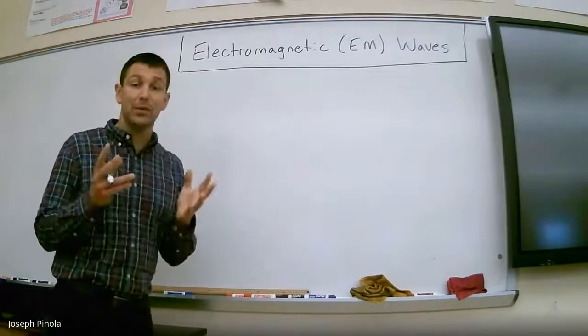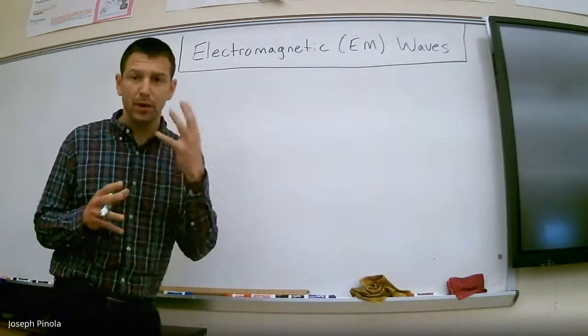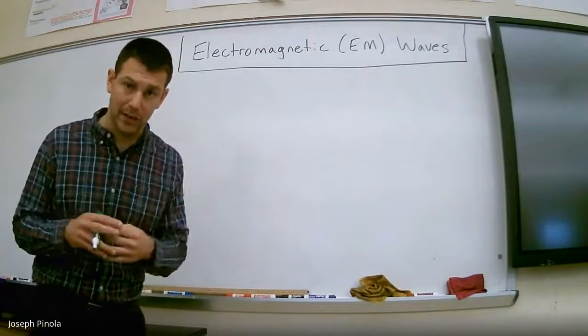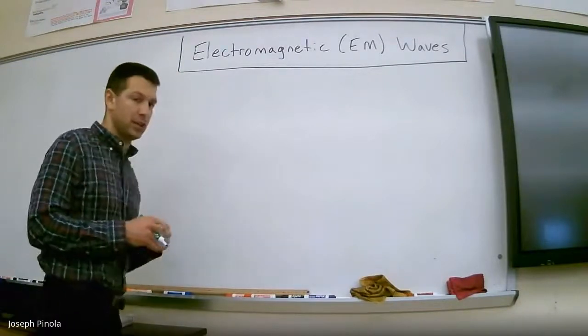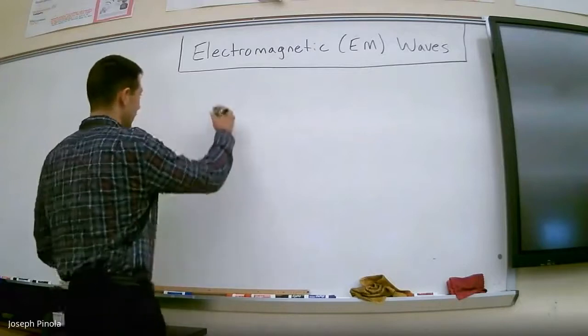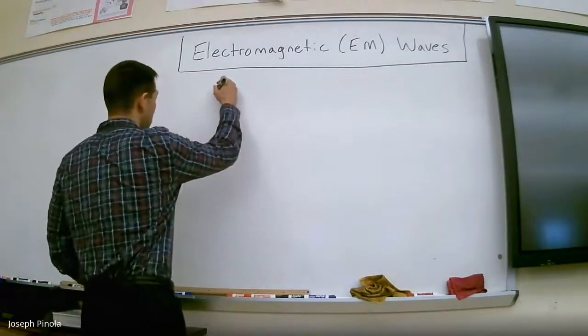EM wave. The first thing that we need to consider is what the book definition of an electromagnetic or EM wave is. And according to your textbook, electromagnetic waves are the following.